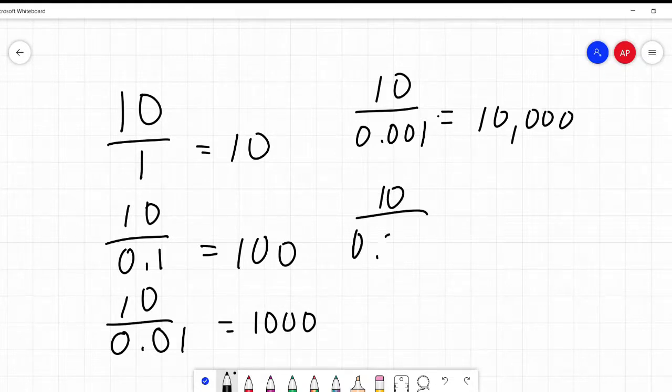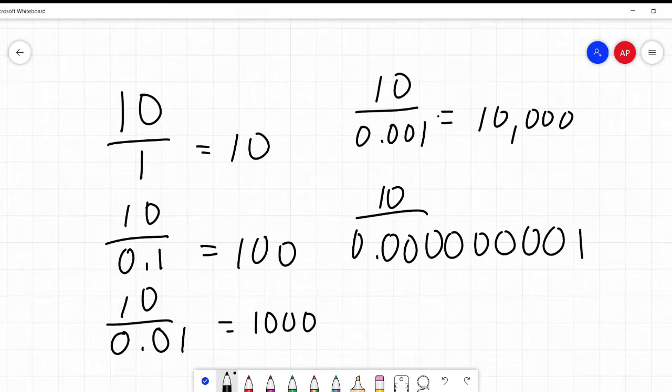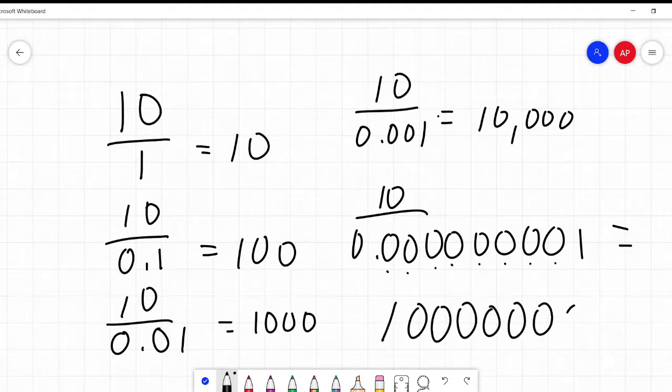What if it's 0.000000001? How many ones do I have there? How many zeros? 1, 2, 3, 4, 5, 6, 7, 8. That is going to be equal to 1, 2, 3, 4, 5, 6, 7, 8, 9, 10.